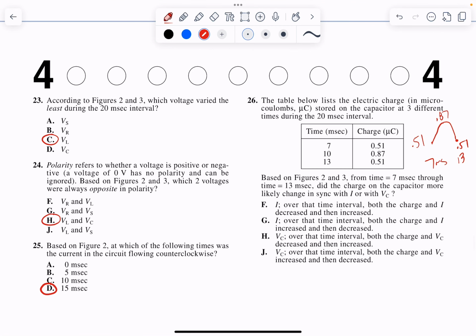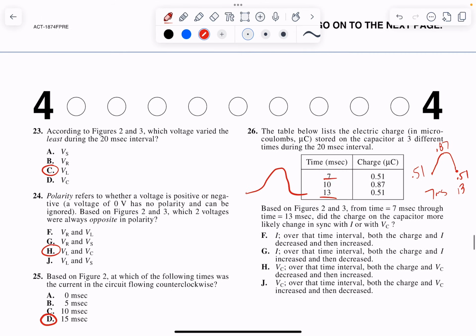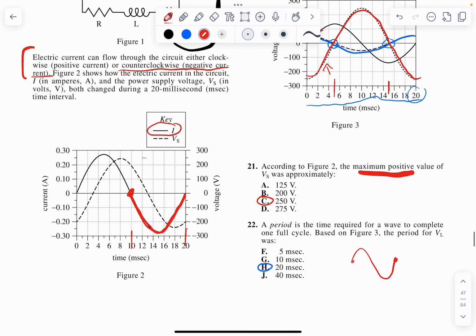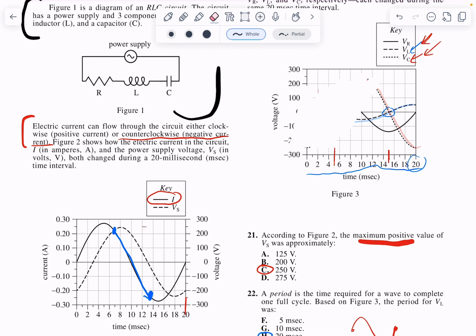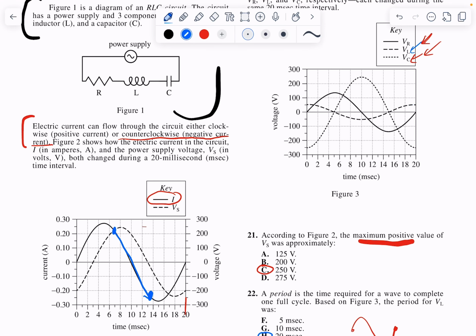So let's look. We're looking at time 7 to 13. We want a graph that looks like this. It's going up and then back down. And we're just looking at I and V sub C. So I, let's look between time 7 and time 13. All I is doing is going down. That's not quite right. Let's come look at V sub C over here.